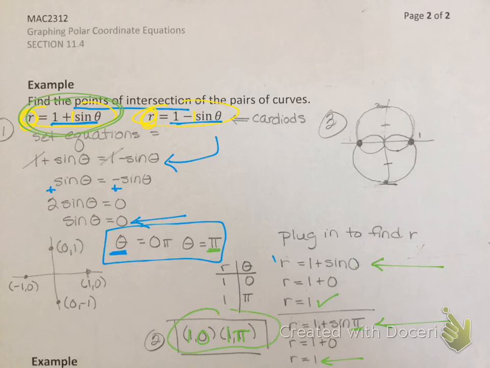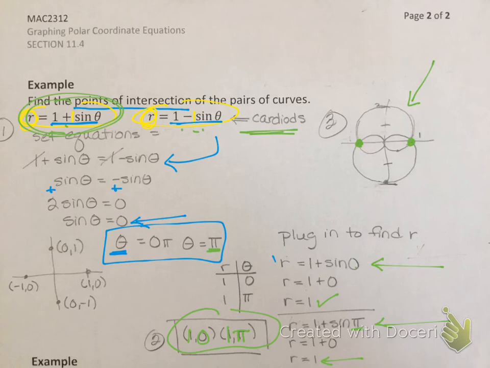So these are the two intersection points for these two cardioids here and here. And you'll see that I actually have drawn quick sketches of both of those. And I can see the points of intersection right here and right here. And you're going to need those desperately in section 11.5.